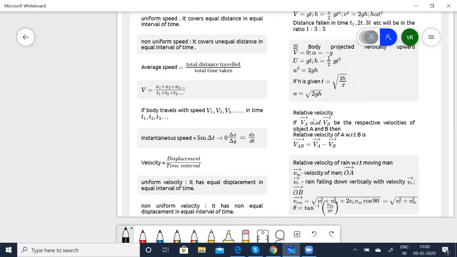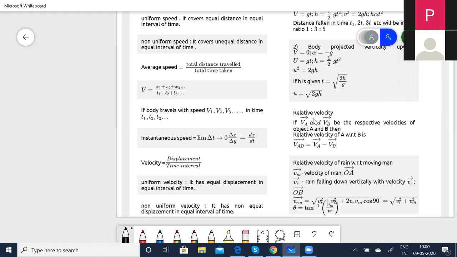So what do you mean by relative velocity? If you are asked to define, relative velocity is nothing but the relative velocity of object 2 with respect to object 1 when both are in motion is the time rate of change of position of object 2 with respect to the object 1. Okay.